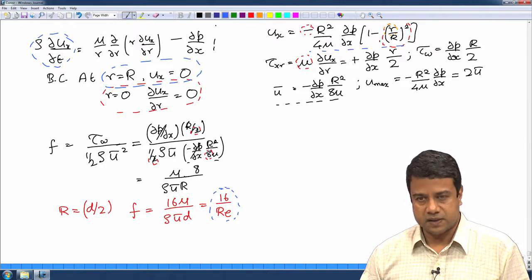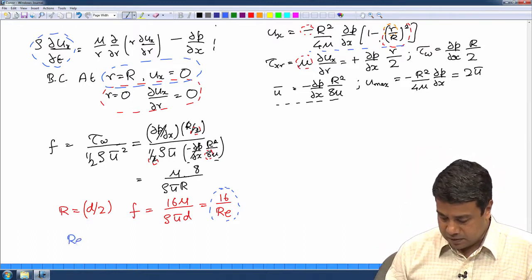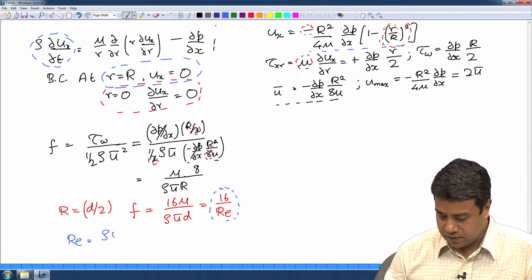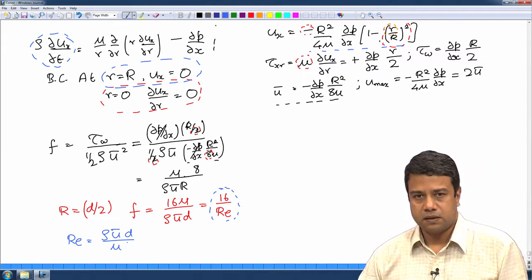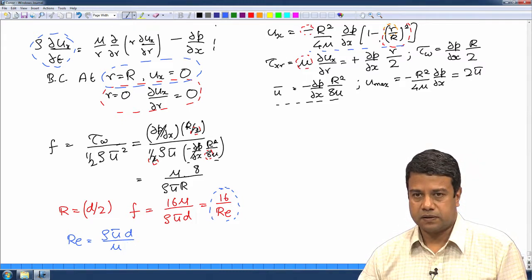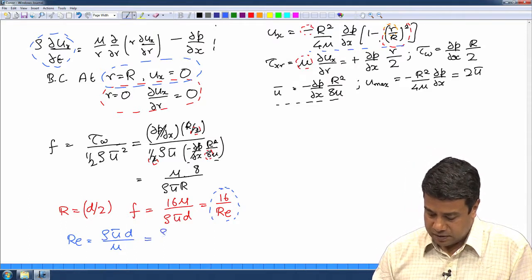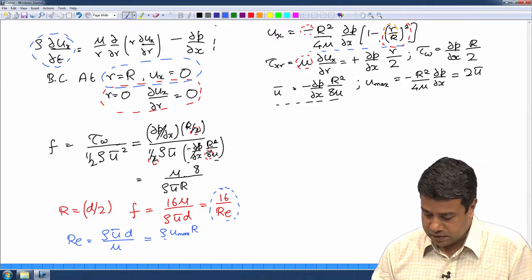Friction factor is equal to 16 by Reynolds number, where the Reynolds number was defined as rho u bar d by mu. It could be defined in terms of the mean velocity and the diameter. Another way to define it is in terms of the maximum velocity and the radius.